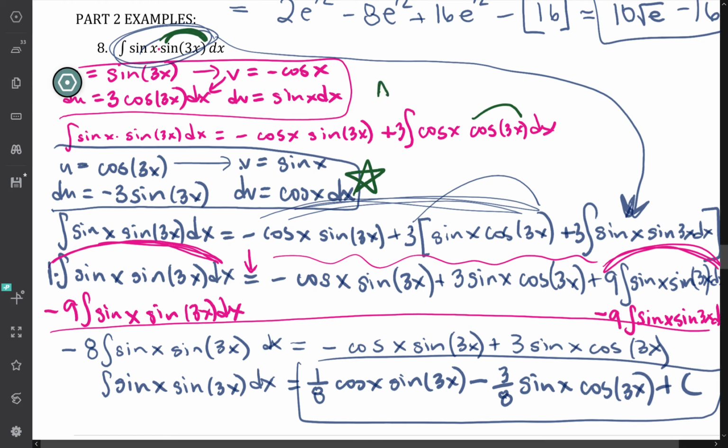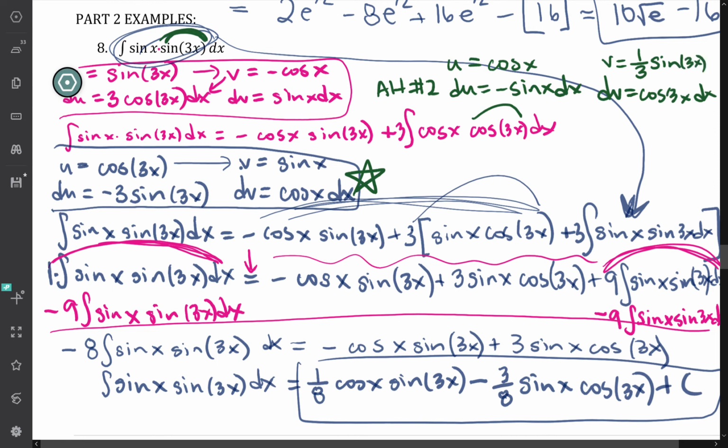So alternative number 2, let me show you. If I had accidentally said u equals cosine x, so du equals the opposite of sine x dx, and dv then would equal cosine 3x dx, which means v is 1/3 sine 3x.